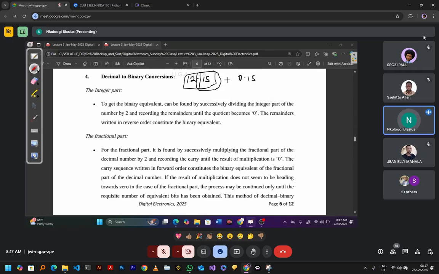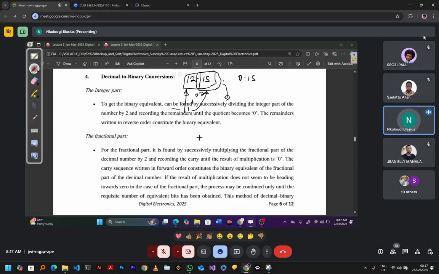Remember, for the integer part, we are recording things from bottom to top. In the other case, we had 1, 1, 0, 0. So we have to record things like that. But for the fraction part, we shall have to record our carries in the forward direction going down. So if the result of the multiplication does not seem to be ending towards 0 in the fraction part, then the process has to be continued only until the requisite number of bits has been obtained.